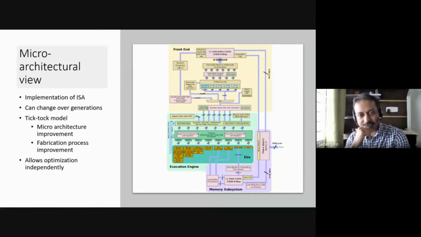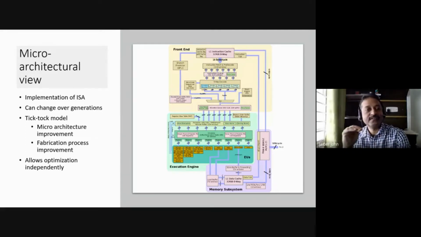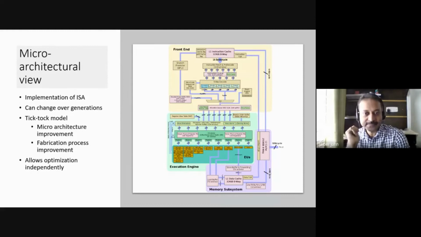Even this picture is not very detailed. This implementation can change every generation, every 2 years. What you see here may change, but it will still retain the same ISA, so code compatibility is maintained. This is the crux where optimizations are made, which makes the program run faster.